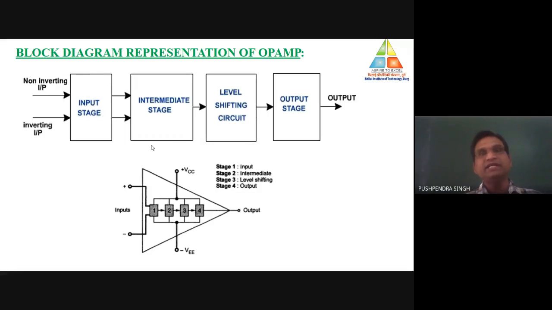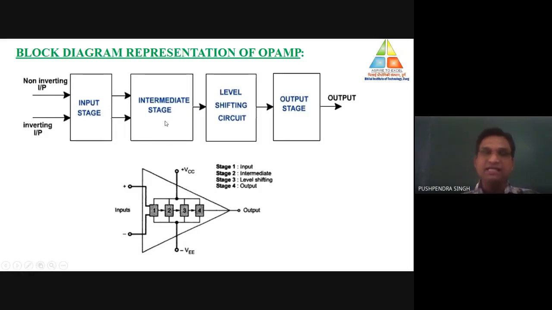So in the intermediate stage there is a cascading of transistors, and the remaining part of the amplification needed for the operation of the op-amp is provided by this intermediate stage. In the intermediate stage, we use a dual input unbalanced output type of differential amplifier.